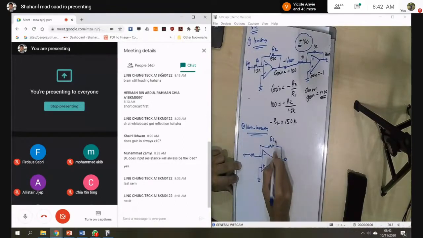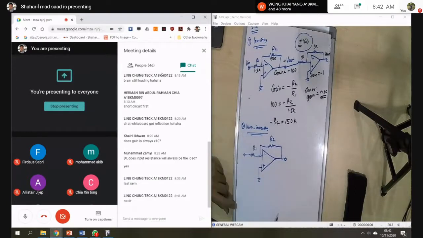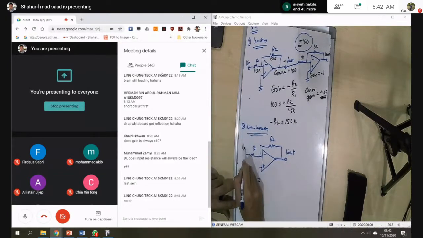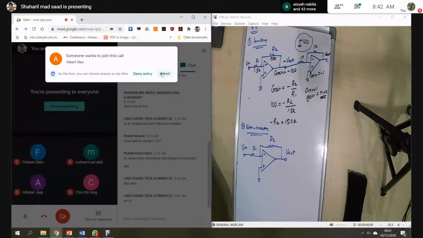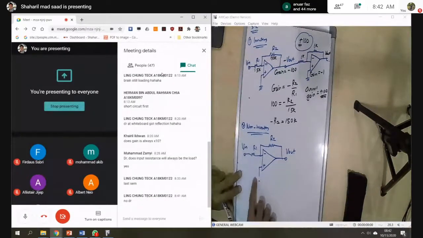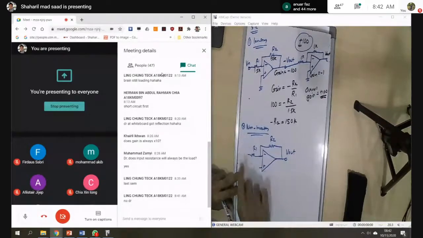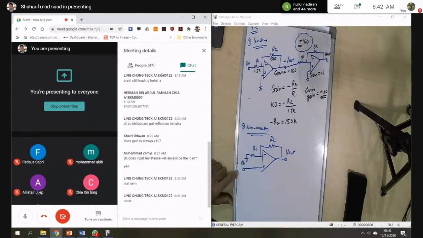So this one is R2, this one is R1, this one is in, and this one is out. For non-inverting, you just switch between ground and V in. So this one is your V in. And the input impedance for this non-inverting is here, 1.5K. So this one is the V out.